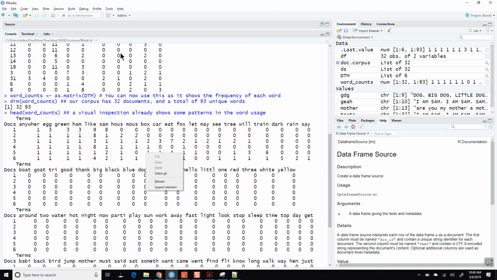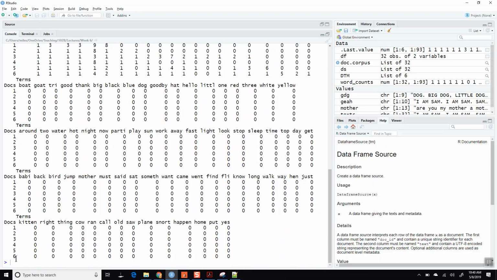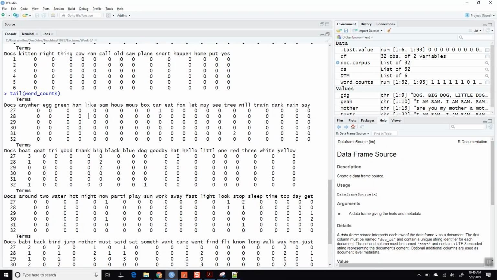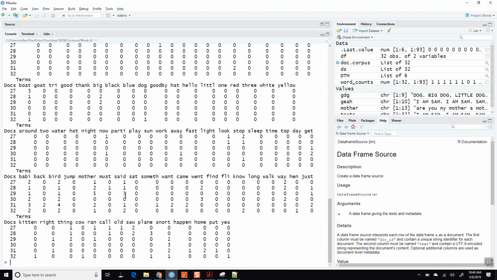Whereas if I look at the tail of our document, I'm going to run out of time, word counts, you know, green, eggs, ham, likes, salmon, house don't appear, but we get words like big and dog and now and old and saw and whatever.